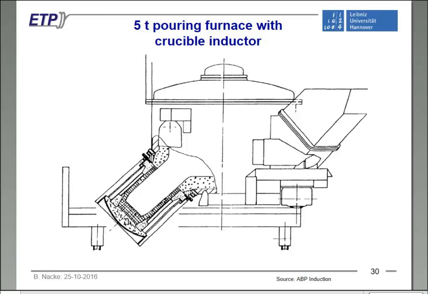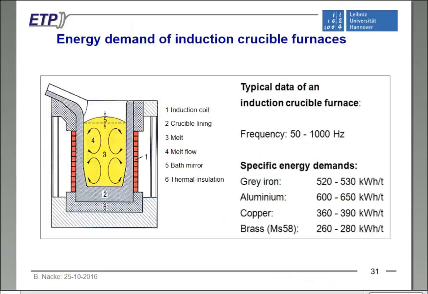So if we have strong clogging, we can use a crucible for heating the vessel. But we have to take into account that this crucible, of course, has a lower efficiency again than the channel inductor.